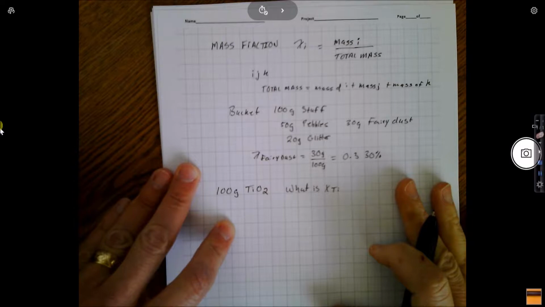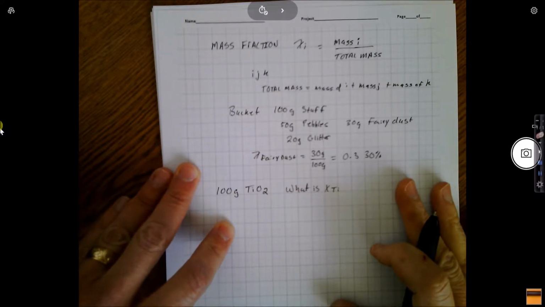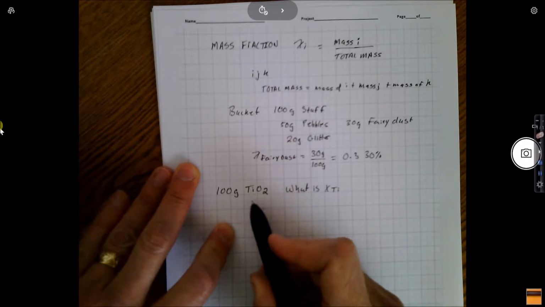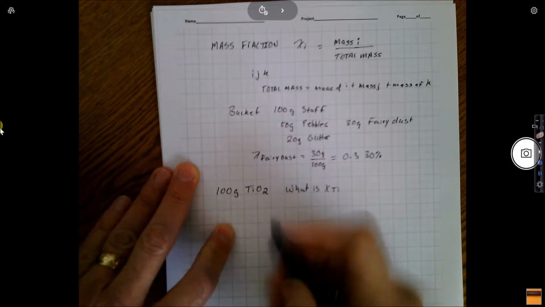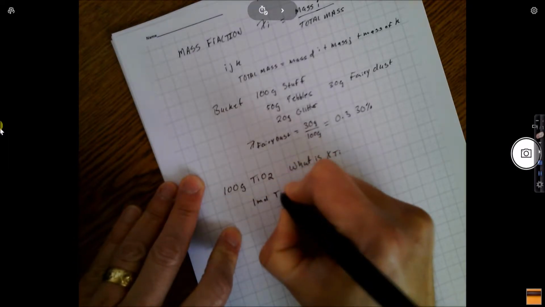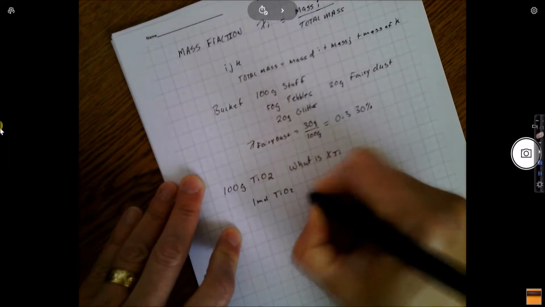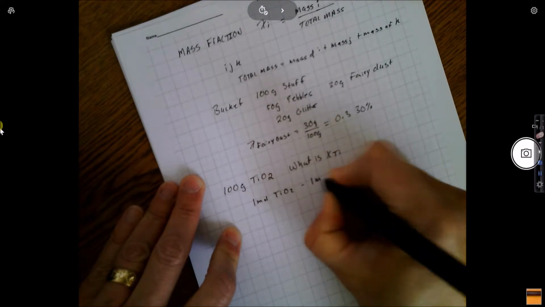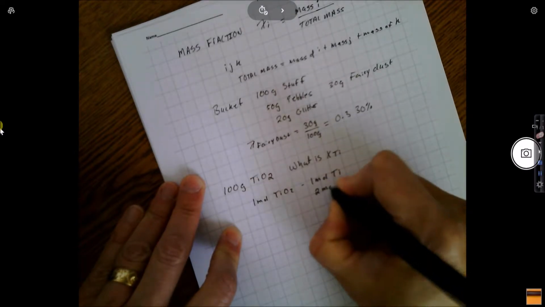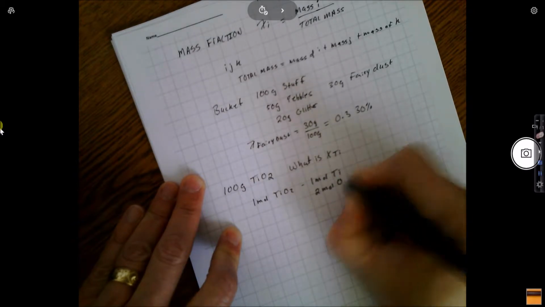Well, we have to do a little bit of chemistry here. If you look at the stoichiometric relationship between titanium and oxygen, in 1 mole of titanium dioxide, there is 1 mole of titanium and 2 moles of oxygen.